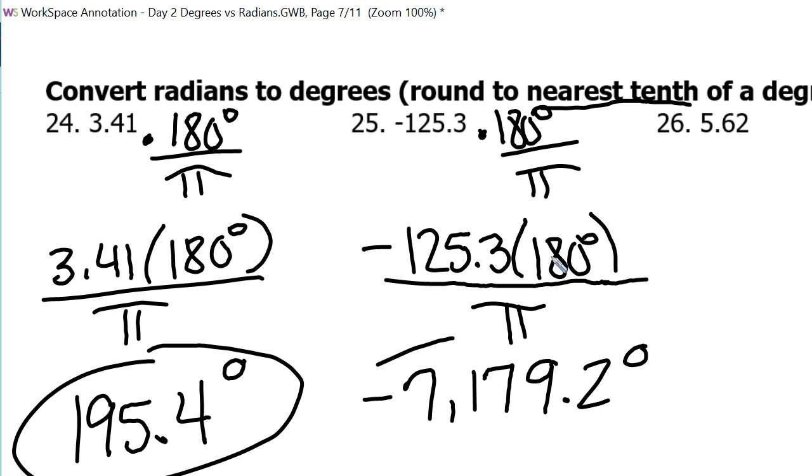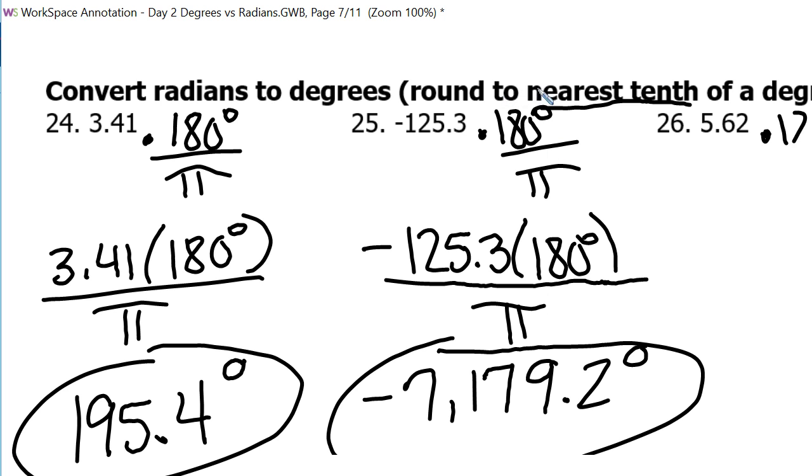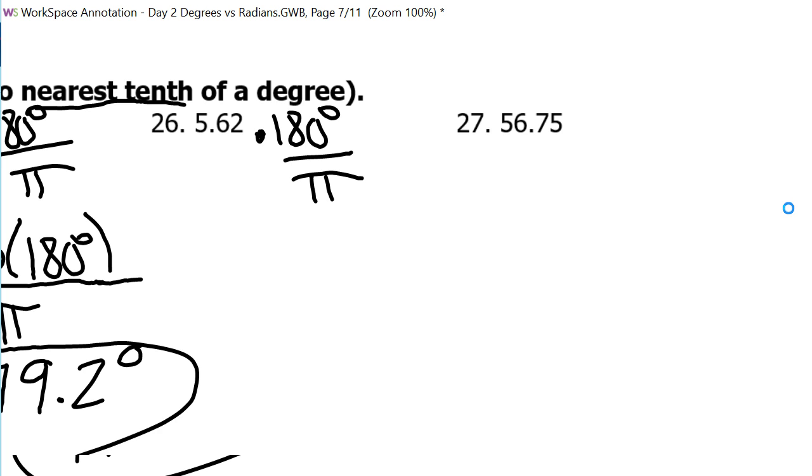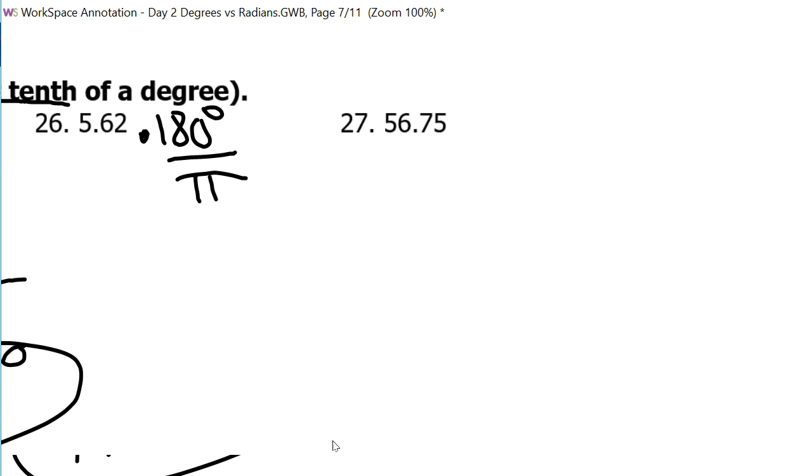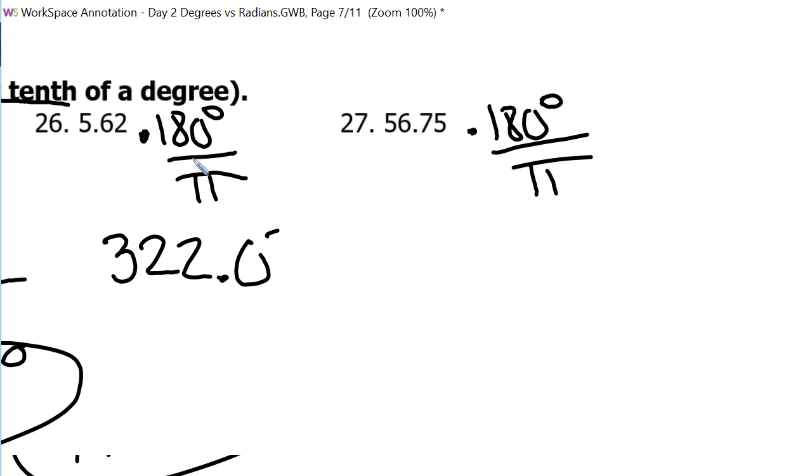Go ahead and do 26 and 27. Multiply both of these by 180 degrees over pi to convert from radians to degrees. What did you get for 26? 322.0 degrees.